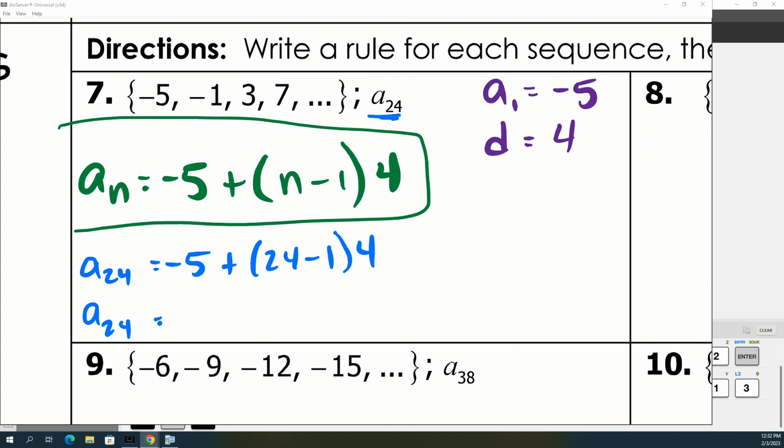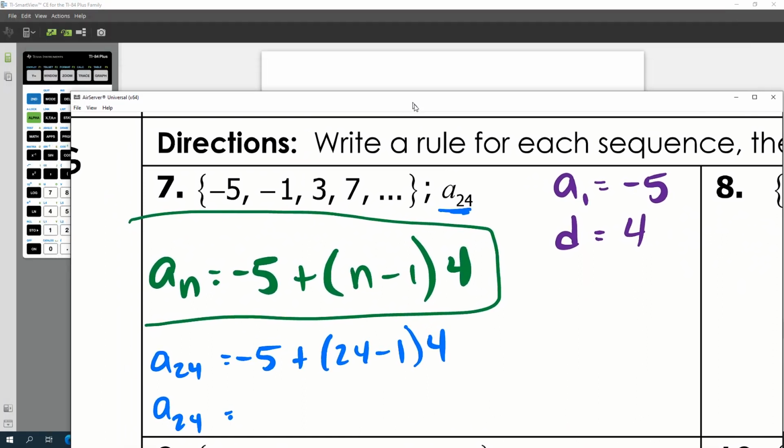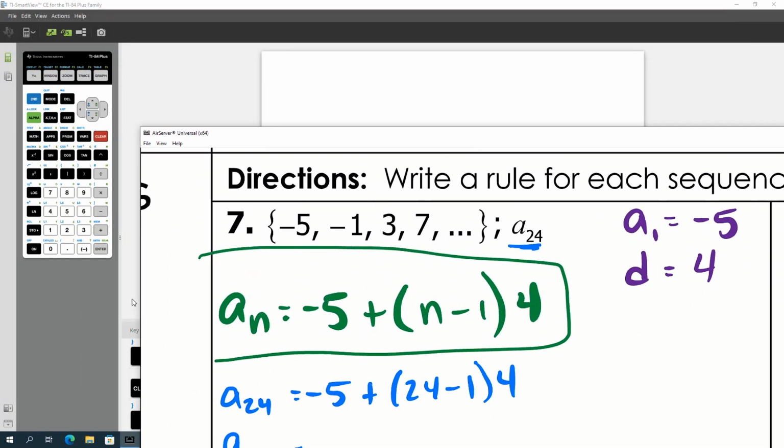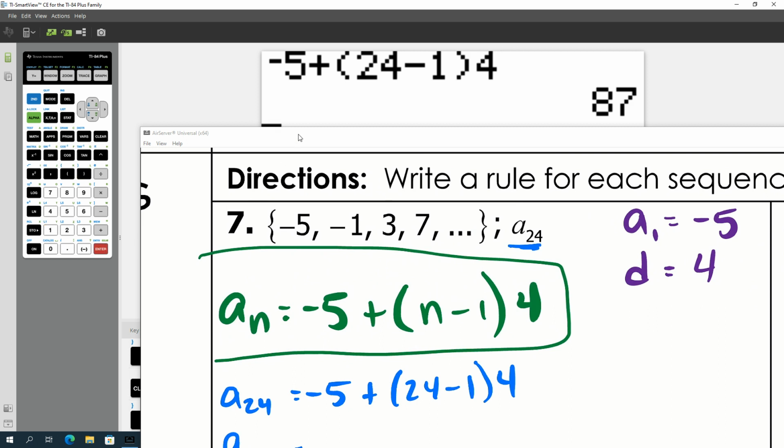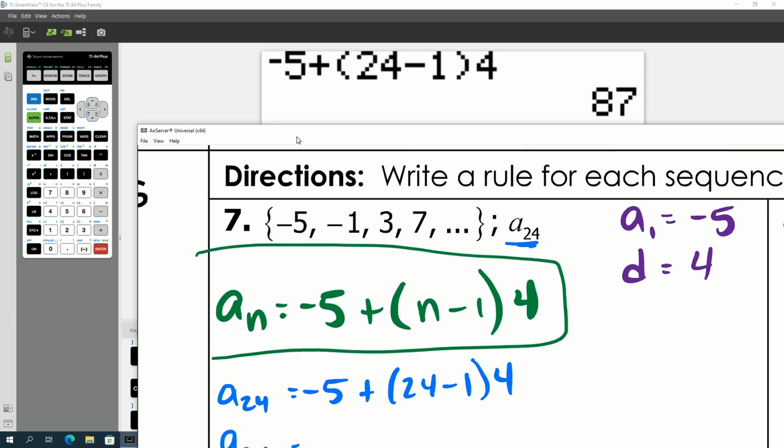And then you can just let your calculator figure that out if you want to. Right, so that means the 24th term is going to be 87.